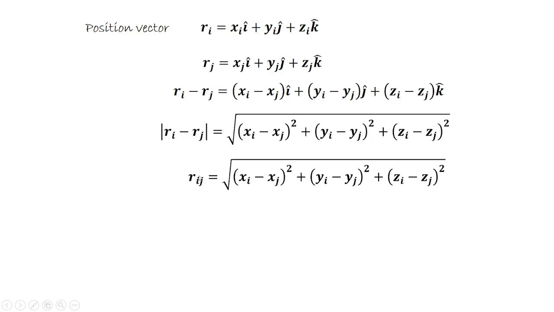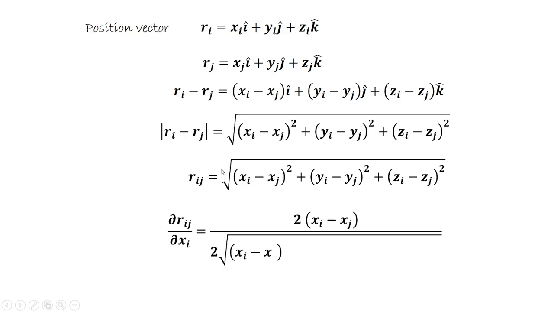Now you try to differentiate this with respect to x, y, z. You will get different types of information. This is the main important formula: rij equal to root of (xi minus xj) whole square plus (yi minus yj) whole square plus (zi minus zj) whole square, right?